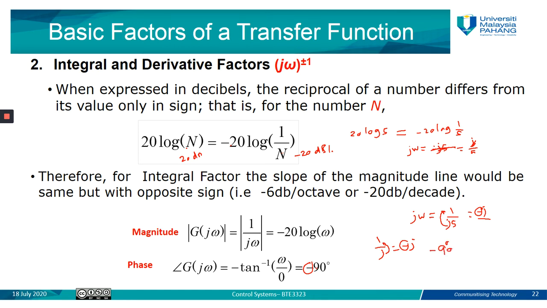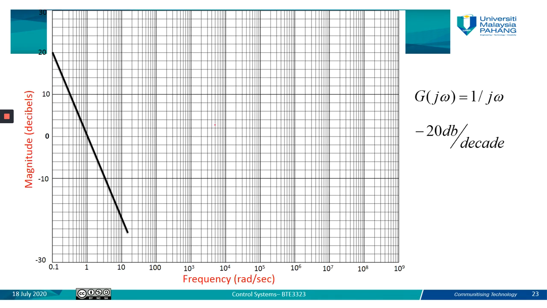So in the case of the pole at the origin, the plot here will be negative 20 dB per decade. That means we start from 20. After one decade, which is here, we are going to reach 0. So from this point, per one decade, we have negative 20 dB.